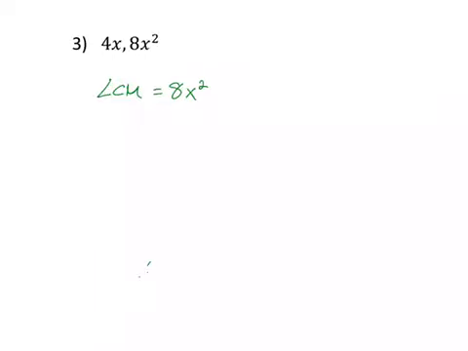We can do exactly the same. Let's do it as we did before. So 4x is the same as 2 times 2 times x, and 8x is 2 times 2 times 2 times x. So I have a 2 that is repeating, I have a second 2 that is repeating, and I have also the x that is repeating.